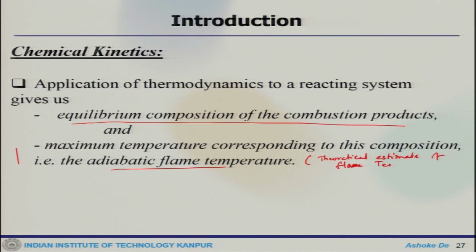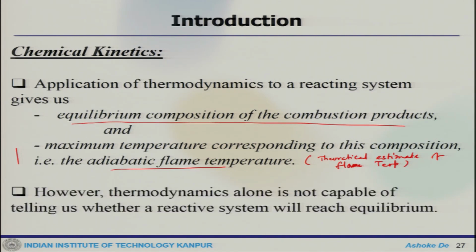of flame temperature for a given reacting system, or for a particular fuel and oxidizer. If you change the fuel, this theoretical limit changes. So, thermodynamics talks about these things, but at the same time one also has to note that thermodynamics alone is not capable of telling whether the system will reach equilibrium or not.